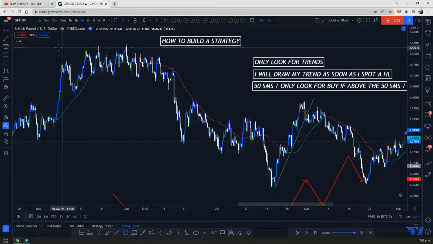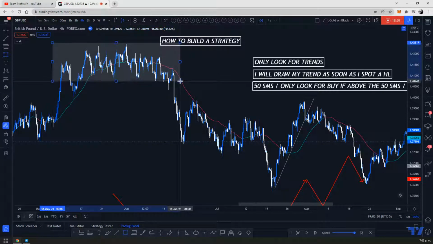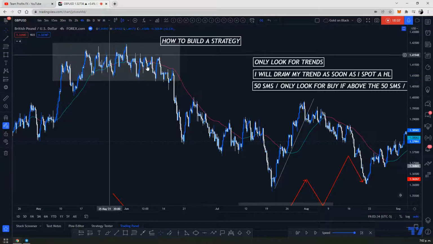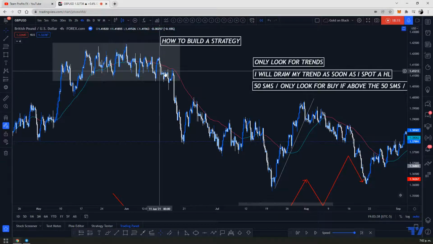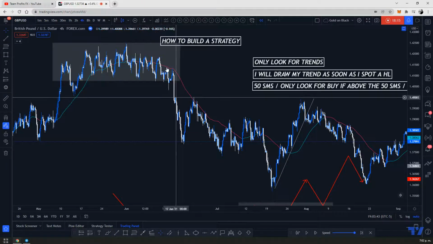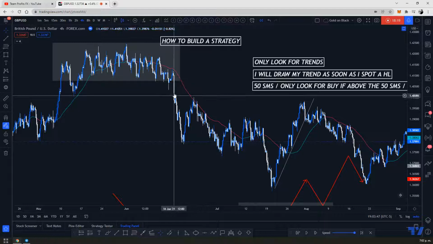So you can use a box right there, and you can say, well, as soon as I see a momentum candle breaking to the downside, I'm going to get in. So you see right here, the price starts to come below the 50 SMA, comes below, and boom, it breaks that box, the consolidation, very strong. So somewhere around here, you would have made the entry.